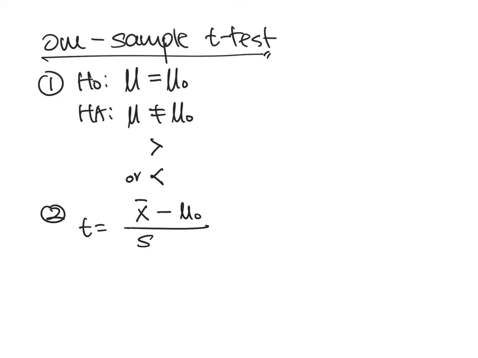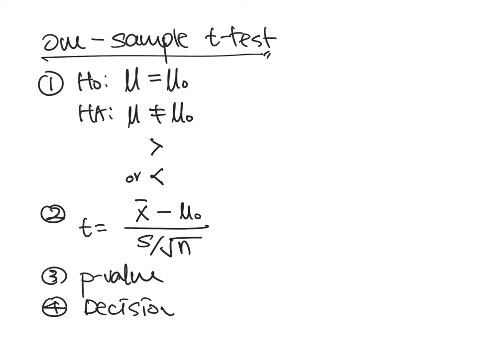Then divided by the standard error, which was the sample standard deviation over the square root of n, and then take the p-value from the t-distribution, decision, and finally we can interpret, it is the conclusion. Good, right?